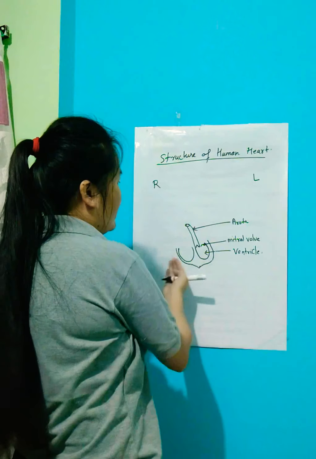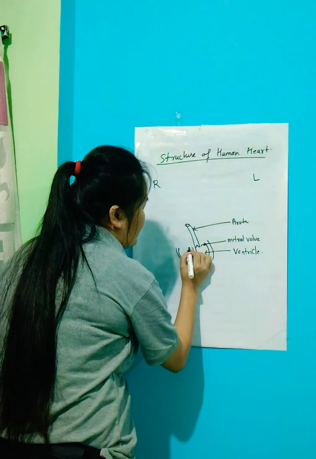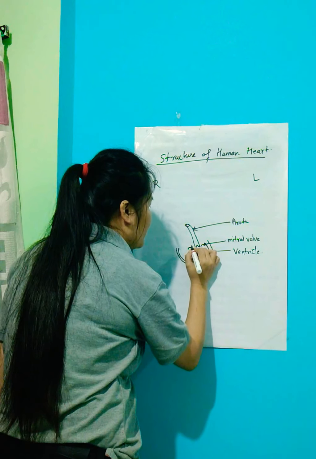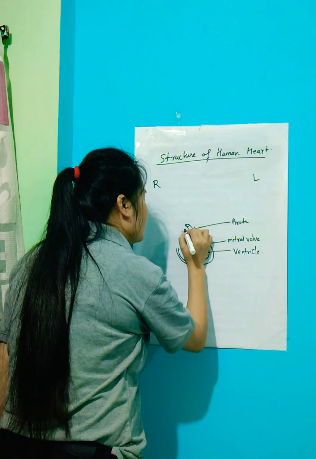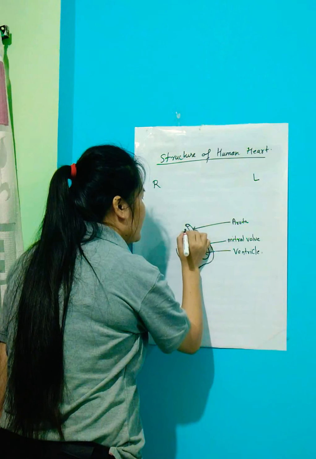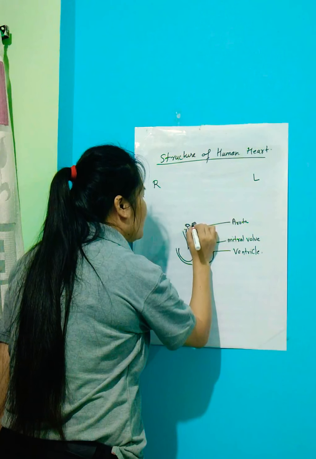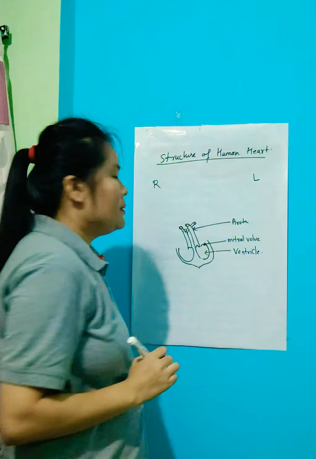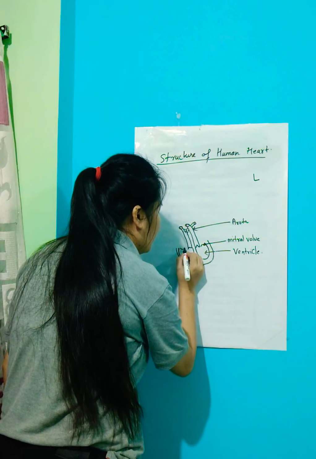Coming to the right ventricle, here also the right ventricle opens to the pulmonary artery, which quickly divides into 2. Here also there is a valve.